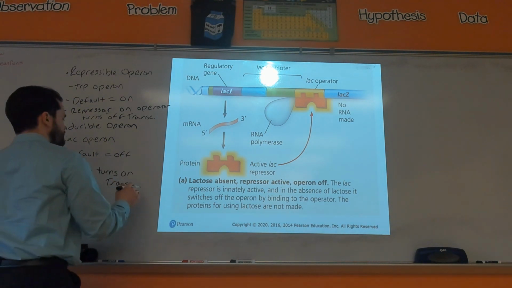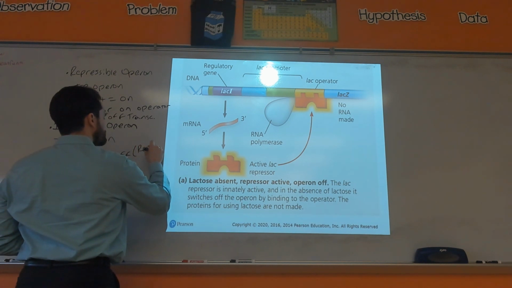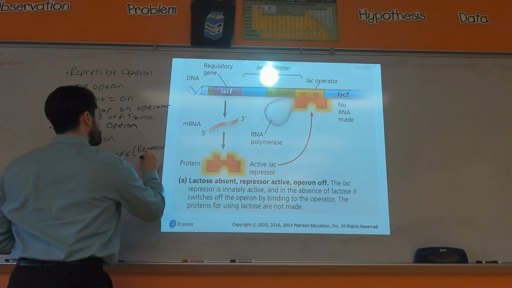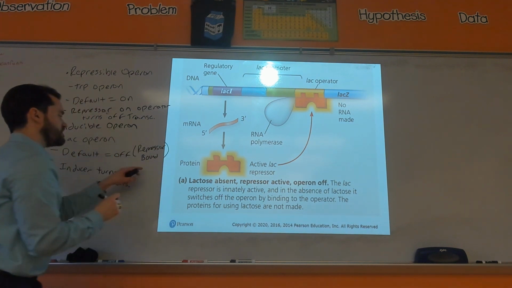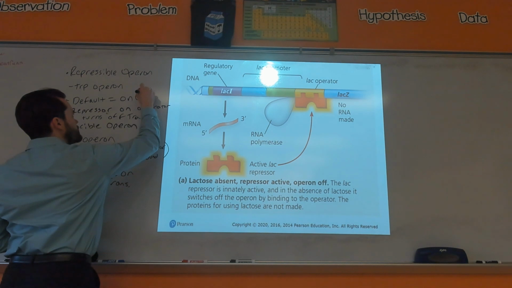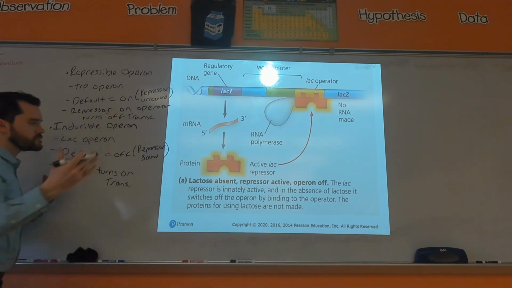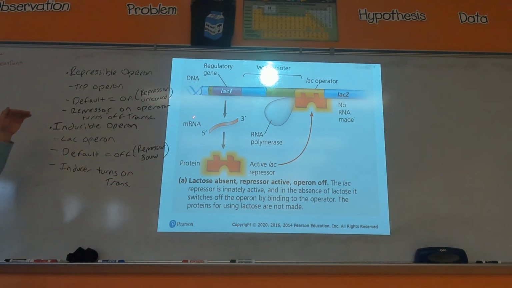Here, I'll edit this. Default off, and that's because the repressor is bound. That's why the default is off, because your repressor is bound. Here, default is on because the repressor is unbound. Okay? So I think it makes some common sense.